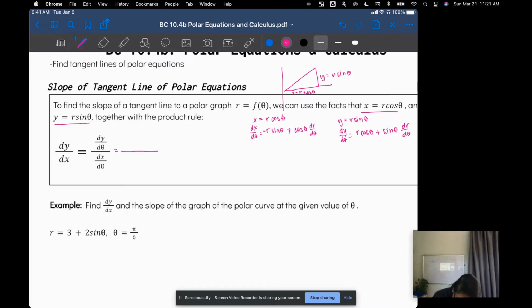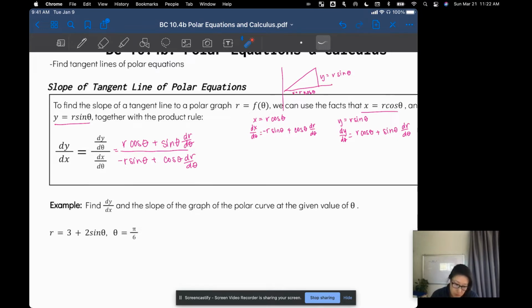So dy is r cosine theta plus sine theta dr d theta, and dx is negative r sine theta plus cosine theta dr d theta. You can memorize this rule, or you can always derive it by using the product rule.